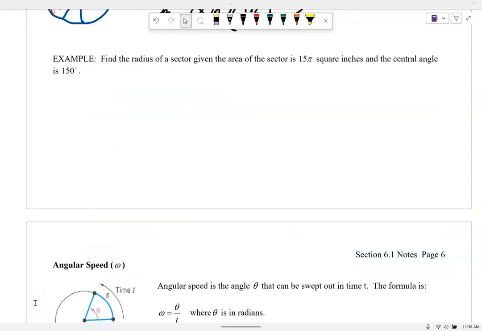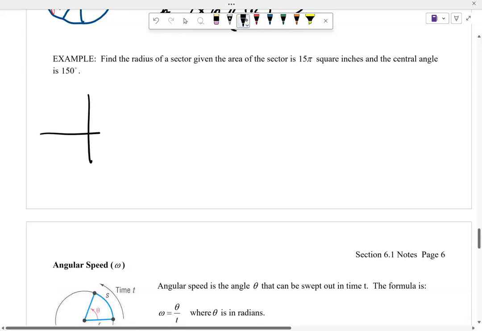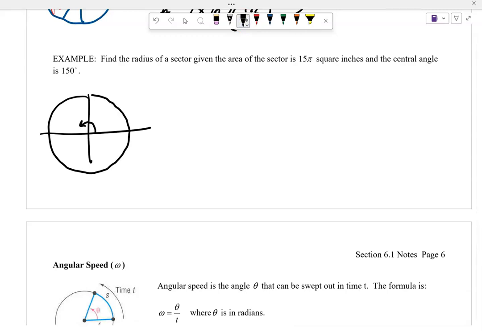All right, find the radius of a sector given the area of the sector is 15 pi and the central angle is 150 degrees. Let's go ahead and draw this. So I'm rotating 150 degrees. Remember, 150, that's not good. I want that in radians, right? Well, we're trying to find the area in red right there.